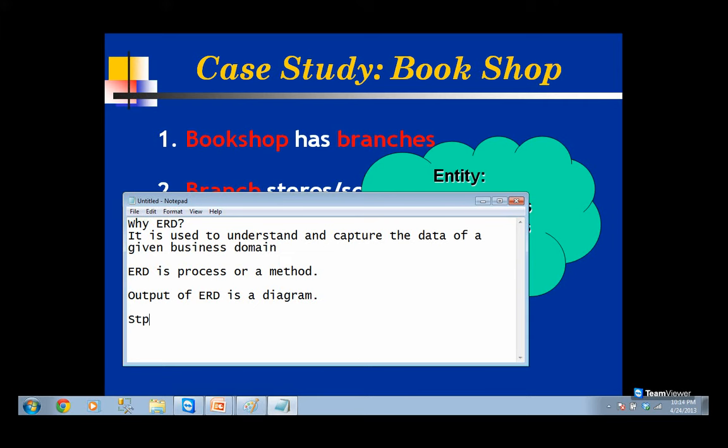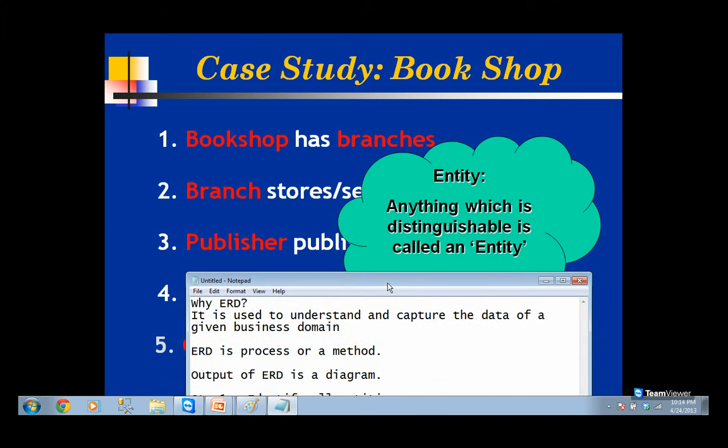Step number one is you have to identify all entities, but the question is, what is an entity? Entity means a distinguishable item, a unique item. That's what you have to understand.